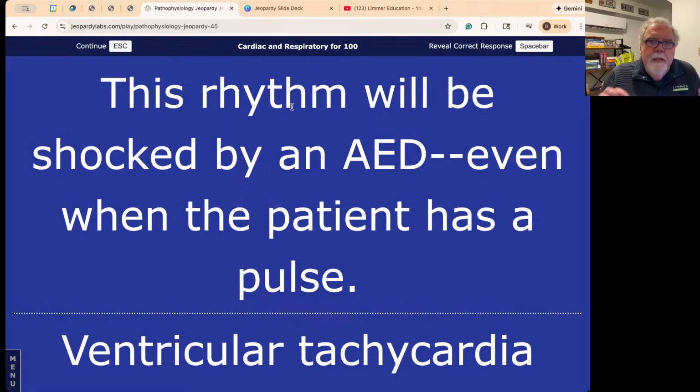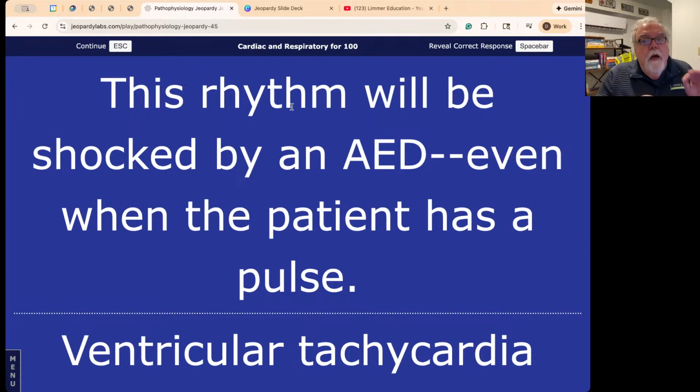Absolutely. Remember that the AED does not check a pulse. That's why we check the pulse, and if we don't have one, then we can put the AED on and analyze, for the EMTs and AEMTs in the room. The AED doesn't know the difference between pulseless and having a pulse, and ventricular tachycardia can actually have a pulse.